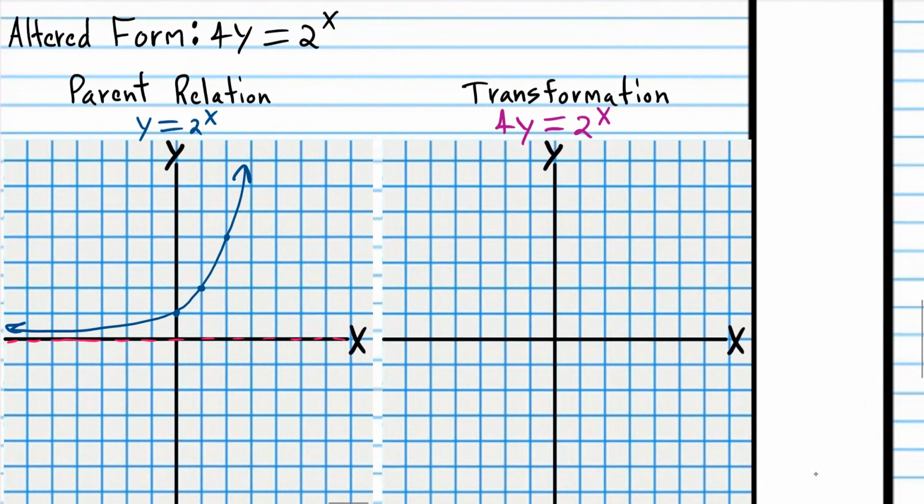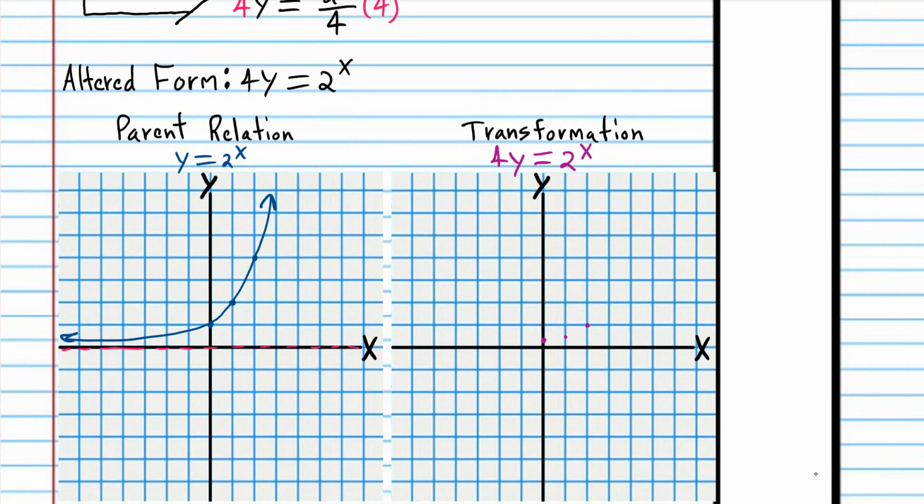So we're going to divide every point by 4. And that gives us these points here. And I think we're going to possibly need one more point, maybe a couple more.